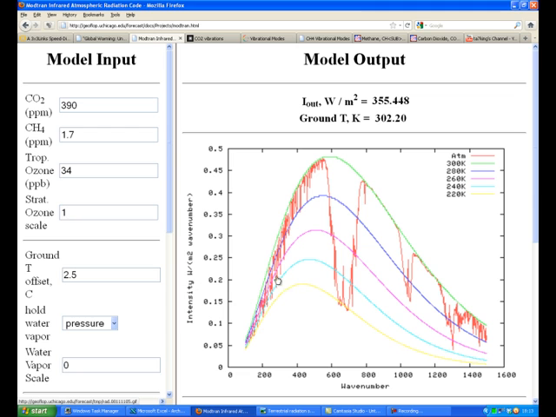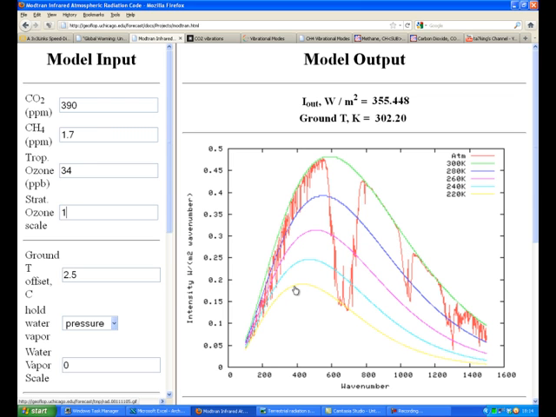Now, the quantity of water vapor in the atmosphere doesn't stay the same all the way up. In fact, once you get above 7, 8, 9 kilometers, there's very, very little water in the atmosphere. So we can't give a figure of what percentage of water there is in the atmosphere.